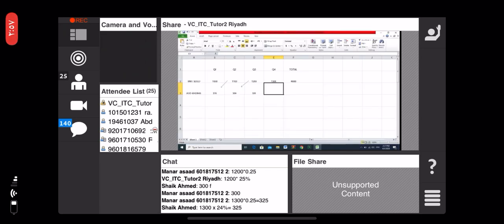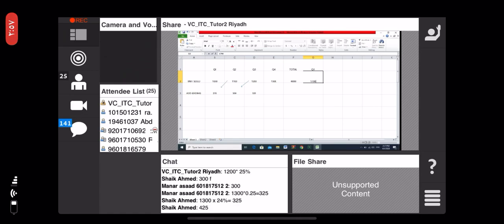We are working here in 2019, and this is the first quarter of 2020. So 1,700 multiplied by 25% gives the ending inventory in the last quarter of 2019: 425. Clear now?